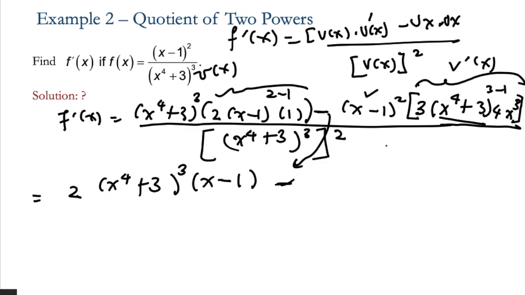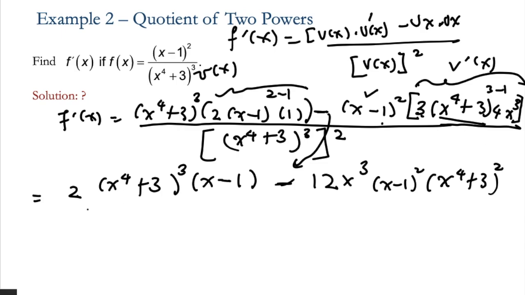Okay, minus 3 times 4 becomes 12x cubed, and then you have (x minus 1) squared, which is this one, and then you rewrite again this, it becomes (x to the power 4 plus 3), 3 minus 1 becomes 2. Can you see?